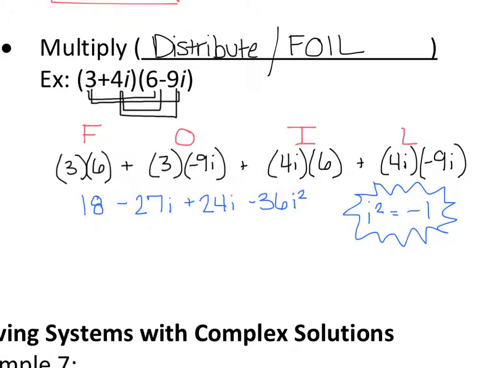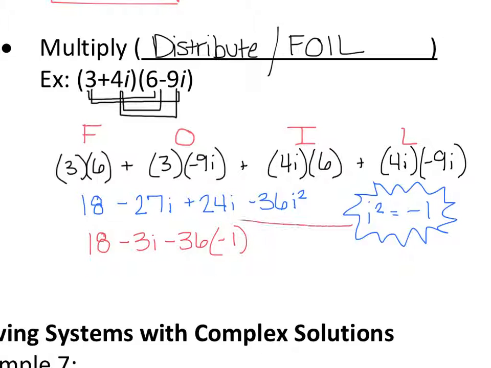So let's kind of combine that with adding like terms. So we get 18, and then what's negative 27i and positive 24i? Negative 3i. Okay, and then negative 36 times negative 1.